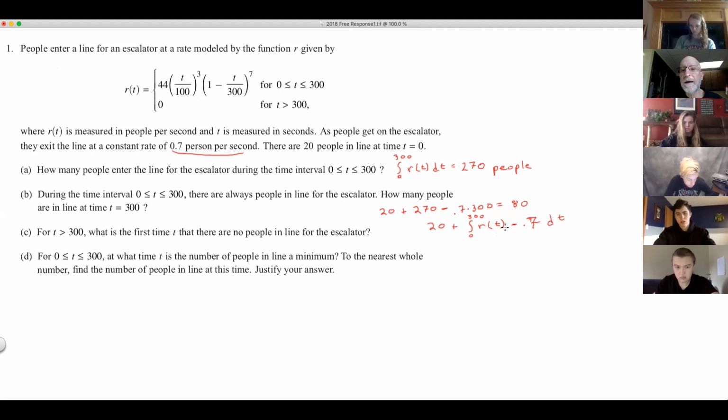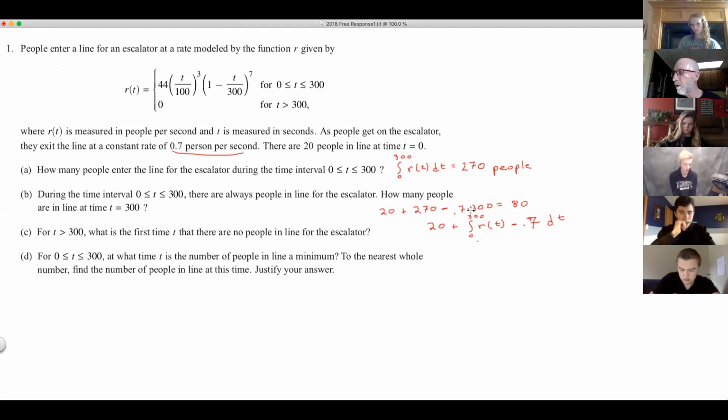Because when you take the antiderivative, you can break these up into two parts. So this is the 270, and this would be minus 0.7 t, the antiderivative. Then you'd plug in 300, and then plug in 0, which is 0. But there is nothing wrong with the form that you gave. So again, the number of people you started with, the number of people you gained, the number of people you took away.